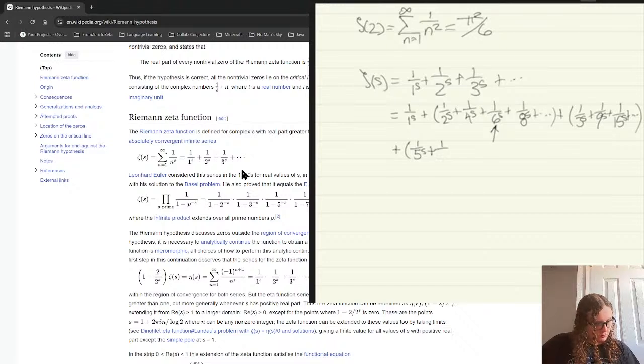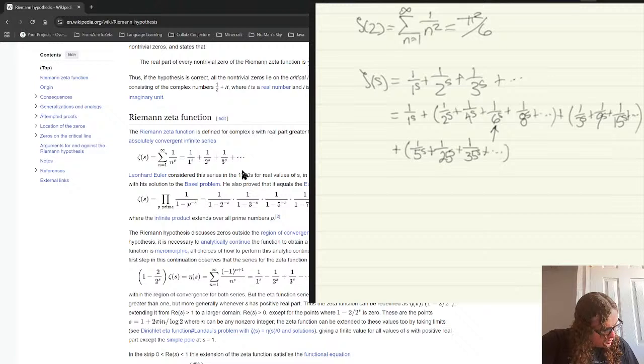So we'll start with 25 to the s, and then we don't want multiples of 2 or multiples of 3, which means our next one is going to be 5 times 7, so that's 35 to the s, and so on.